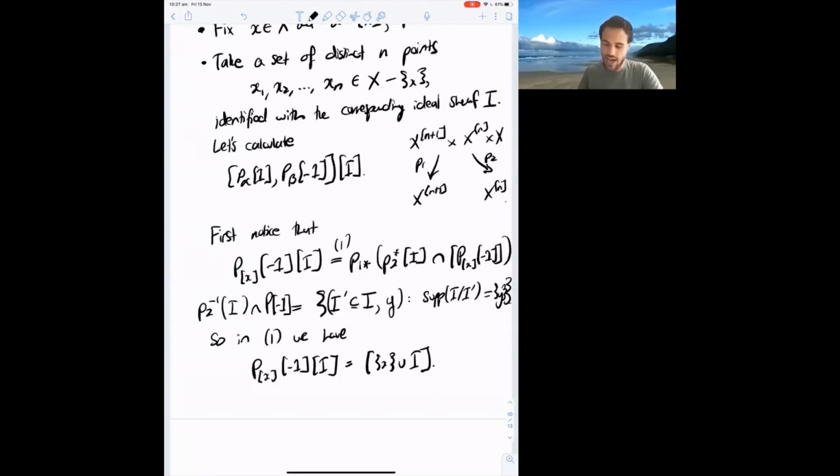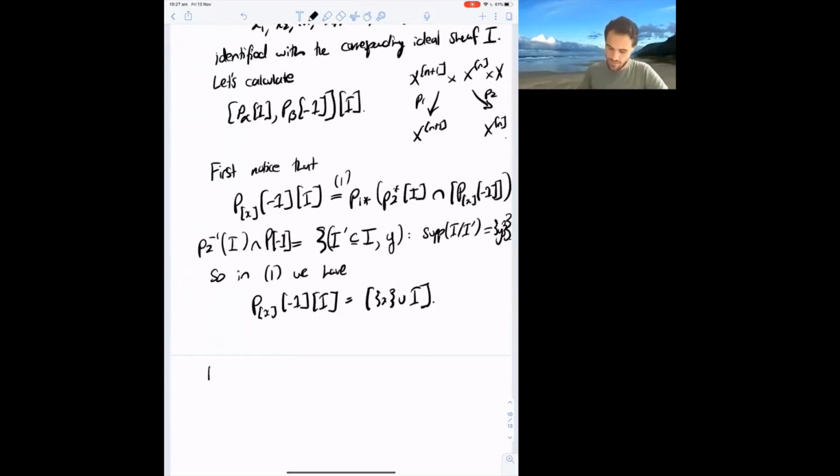Now the next thing we need to apply is the class of big X of 1 to this expression. Let's first see how that acts in general. How does p sub big X of 1 act? Again, we're going to do this set theoretically.